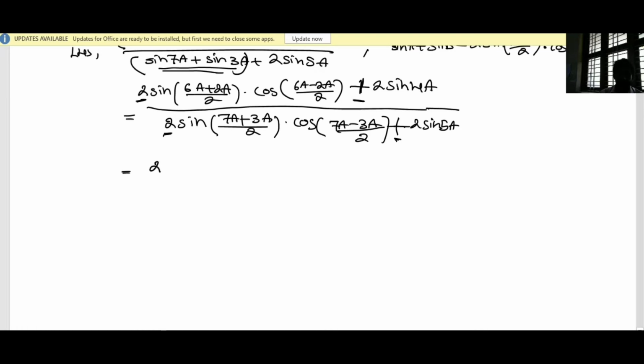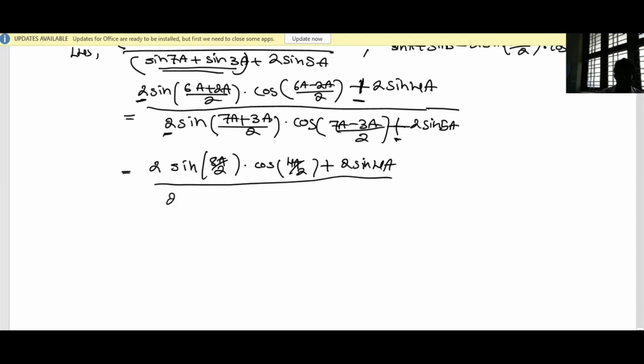Okay, first simplify: 2 sin of (6A plus 2A), that is 8A, divided by 2 into cos of (6A minus 2A), that is 4A, divided by 2, plus the remaining sum 2 sin 4A, divided by the denominator 2 into sin of (7A plus 3A), 10A divided by 2, into cos of (7A minus 3A), that is 4A divided by 2, plus 2 sin 5A is remaining.